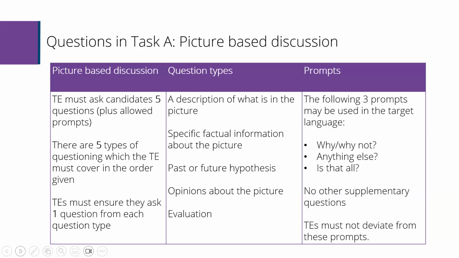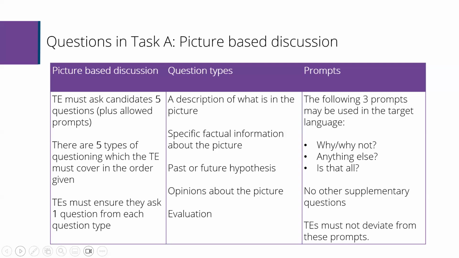And then we need to elicit a past or future time frame. So we need to ask the candidate for a past or future hypothesis. What do you think these people did before they arrived at the restaurant? If it's a picture of people in a restaurant. Or what do you think they're going to do next? Okay, so we're going to ask that past or future.